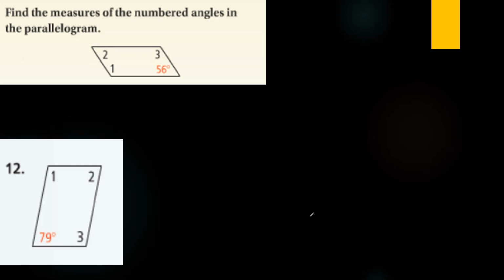And as I told you, in a parallelogram each two opposite angles are equal. So what will the measure of angle 2 be? 56, bravo. Each two opposite angles are congruent. So the measure of angle 2 will be 56.